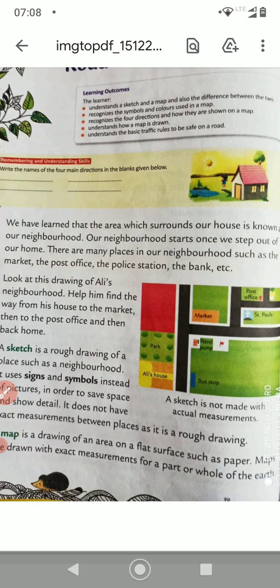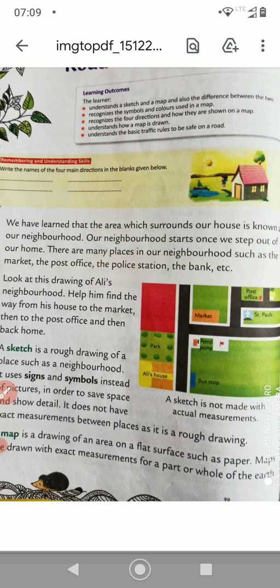There are many places in our neighborhood such as the market, the post office, the police station, the bank, etc. As soon as you step out of your house, you enter into your neighborhood.